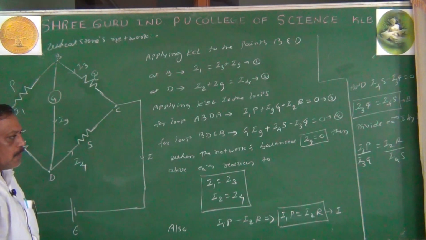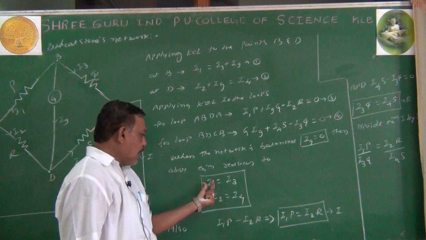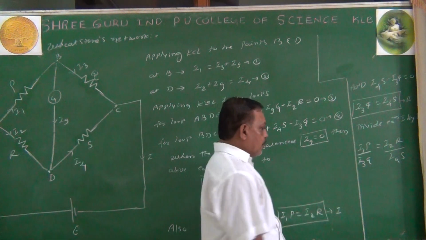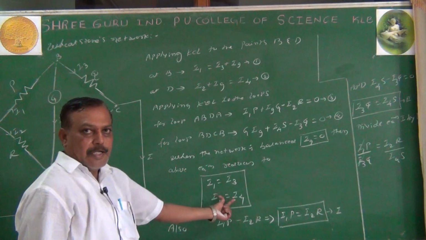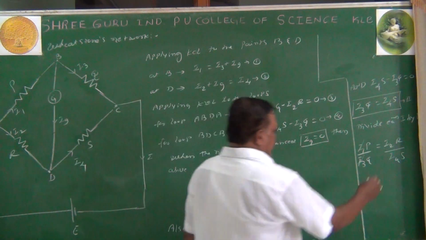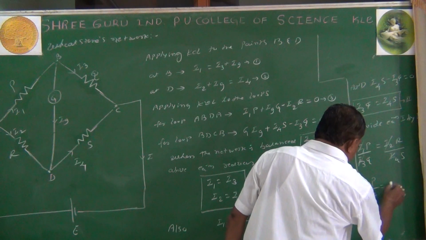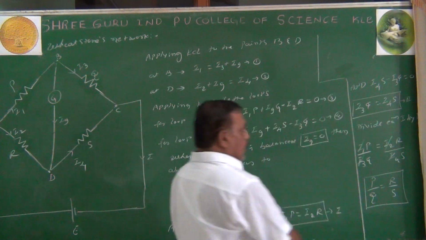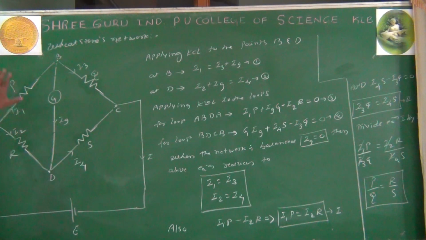Then I have made one set of equations for current: I1 equals I3, shall I cancel that? Yes. Then I2 equals I4, shall I cancel them? Yes. Then what is your balancing condition? P by Q equals R by S. This is my derivation for the balancing condition of a Wheatstone network.